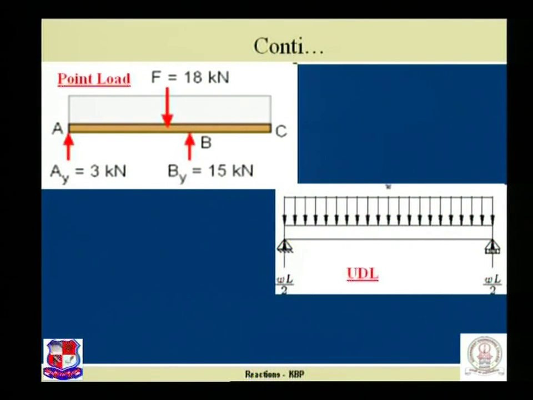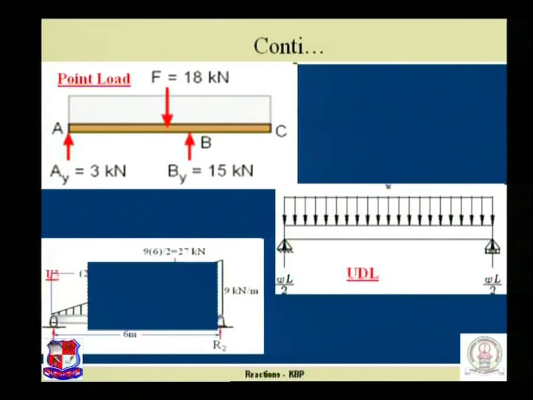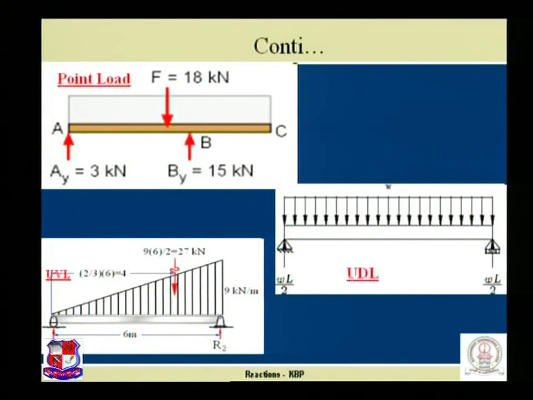Example of the UDL, short form of uniformly distributed load: the load is uniformly distributed along the length of the beam. The unit is kilonewton per meter, per meter of length, equally distributed. This is the uniformly varying load: the load which varies uniformly along the length of the beam.